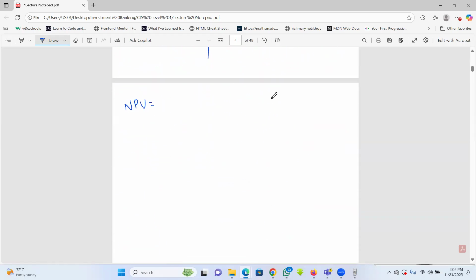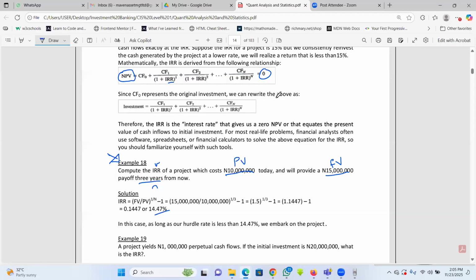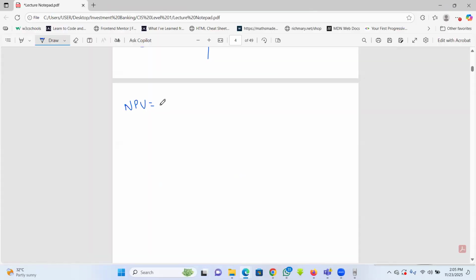Now, look at the question we have here. We have a project that yields 1 million perpetual cash inflows. This tells us that this is our inflows. The initial investment is 20 million outflow. Based on that, we can express our NPV based on what we are given.